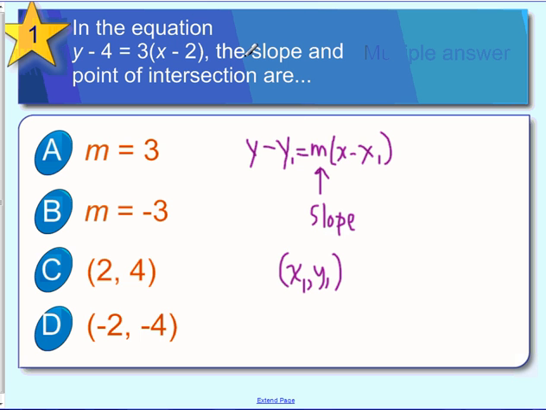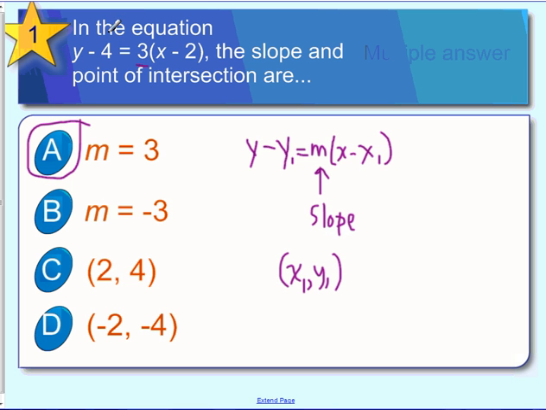We want to find the slope and the point of intersection, this point. Okay, so first of all, we're going to look at our slope. That's the easiest one. And we're going to see that our slope is right here. So it's 3. The next thing we're going to do is find my point of intersection.